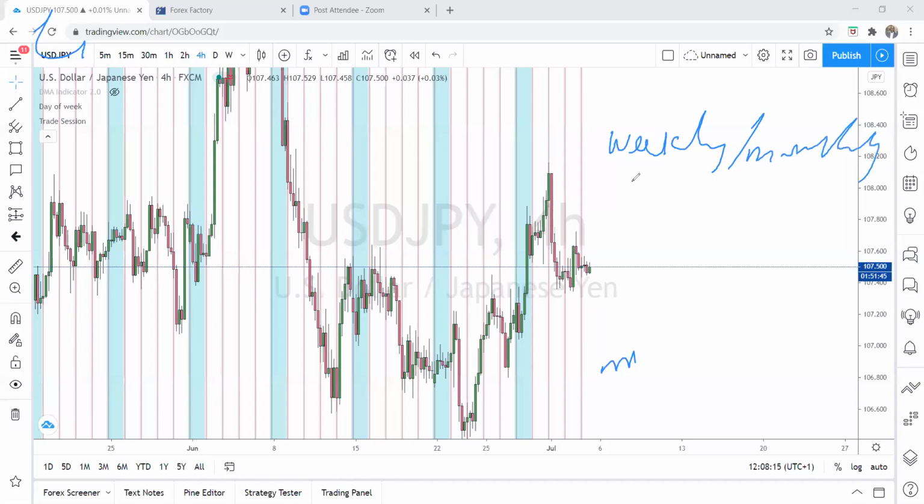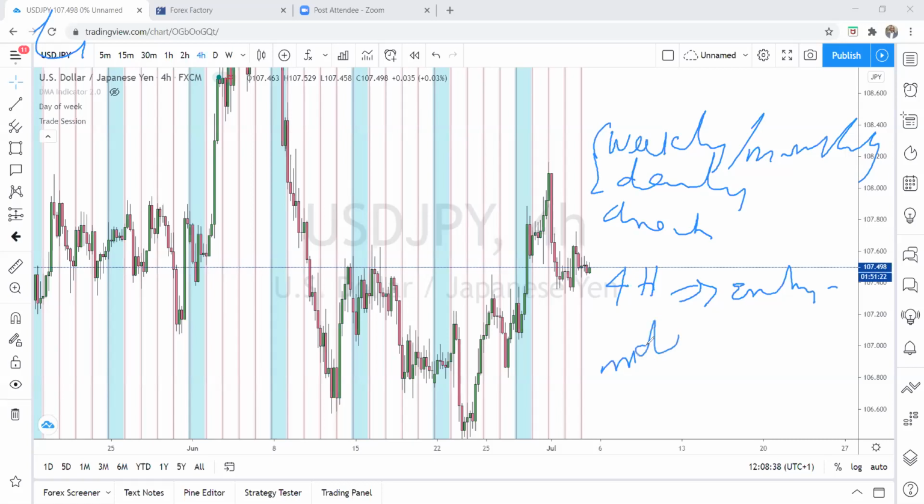We want to look at daily for direction, and possibly 4 hour H4 for entry. But most of the people I deal with are not swing traders, they are just day traders.